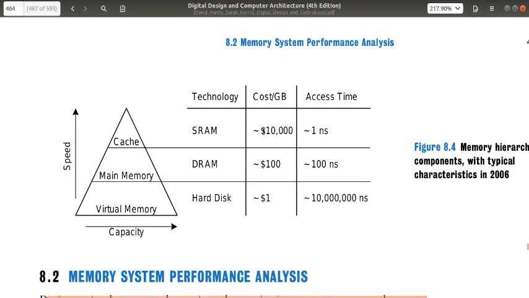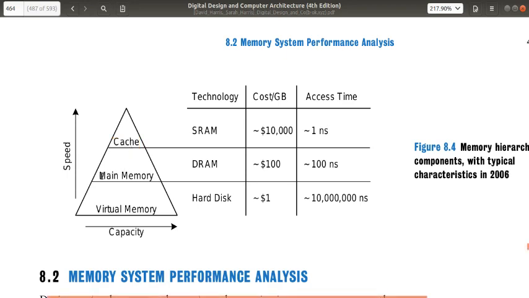These are some old figures from 2006, and the actual figures may change, but the relative cost, time and capacity are pretty much similar. It doesn't change that much. So the takeaway should be that cache is the smallest memory, yet it is the fastest memory. Also, it is very costly to implement.